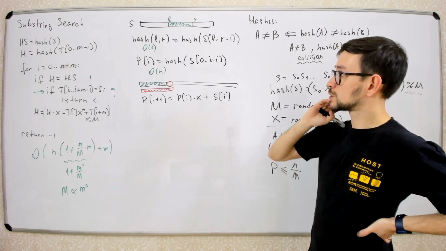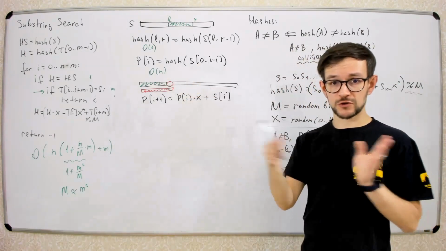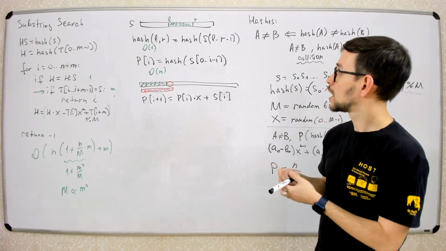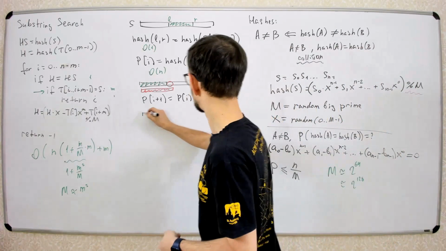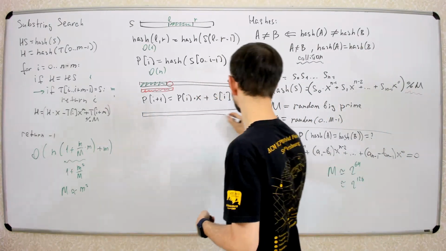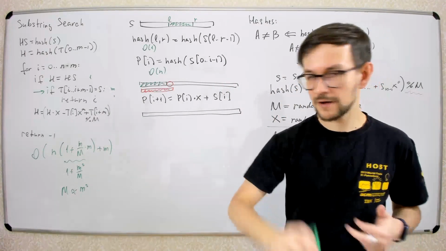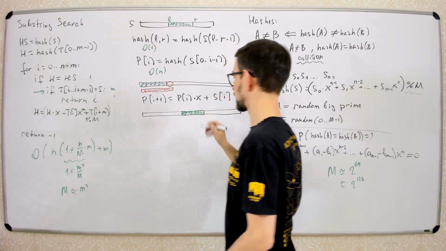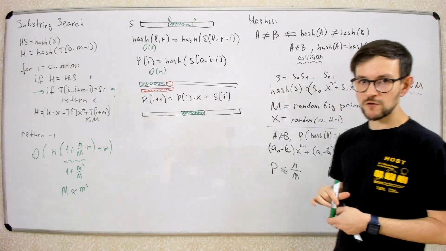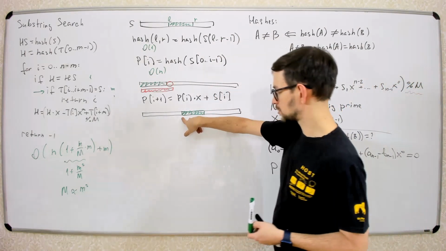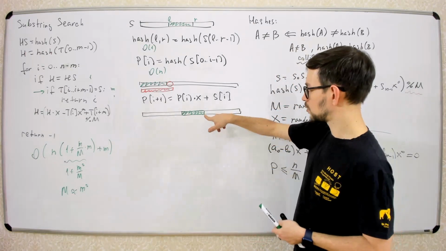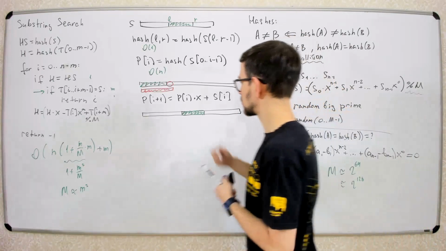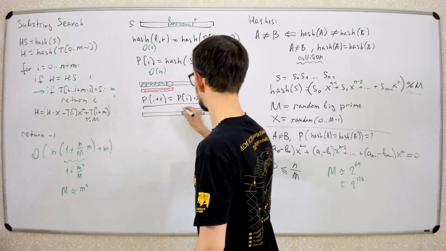Now, what to do with these values? If you know the hashes of all the prefixes of your string, you can calculate the hash function of any substring. How? You have this substring, and you want a polynomial which contains all these coefficients. So let's take the polynomial which corresponds to the right side of this substring.